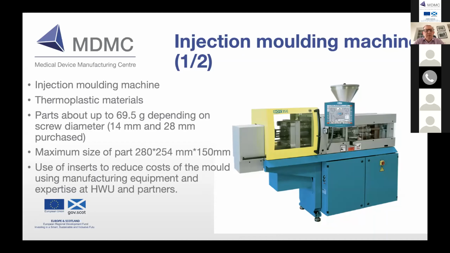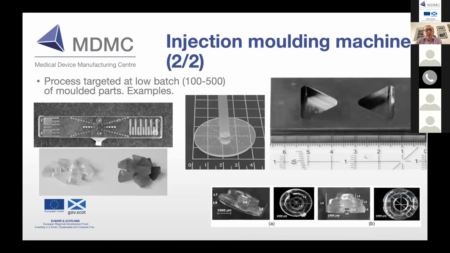We will use some inserts in order to reduce the cost of the mold, using the manufacturing equipment and expertise at Heriot-Watt. So all the manufacturing equipment you have seen could also be used for manufacturing the mold. Here are some examples of parts which have been manufactured with that system elsewhere.